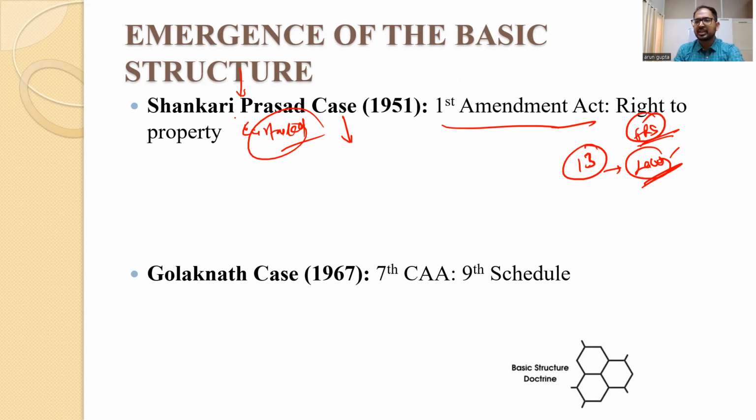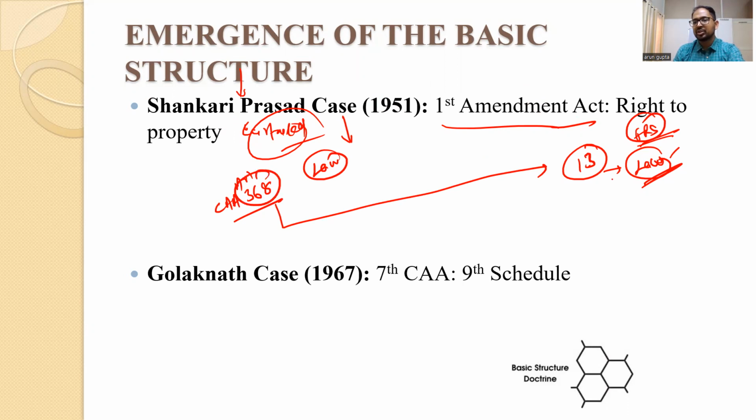However, in the Shankar Prasad case, the opinion of the Supreme Court was that a Constitutional Amendment Act under Article 368 is not a law. Hence, Parliament can use Article 368 to amend the Constitution and abrogate fundamental rights.